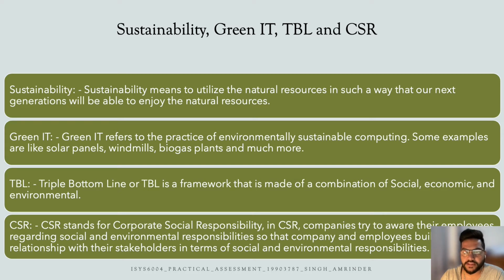Some examples are the use of solar panels that use sunlight to produce electricity or energy, which leads to a reduction in electricity bills. The next one is windmills, which are most commonly used in rural areas where the air pressure is very high, so windmills can be used there.